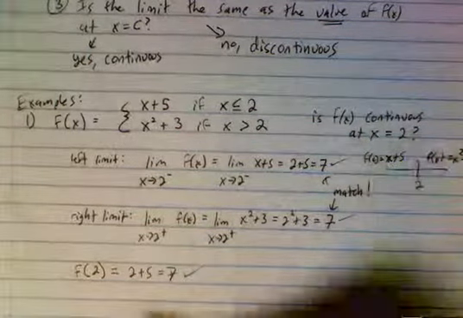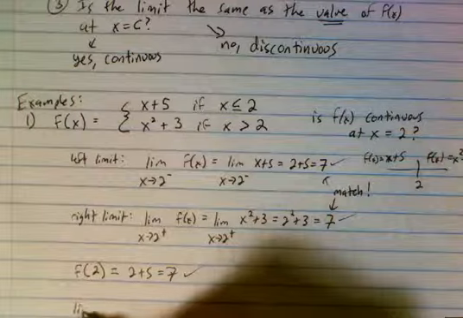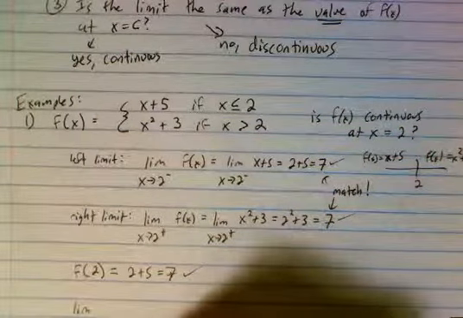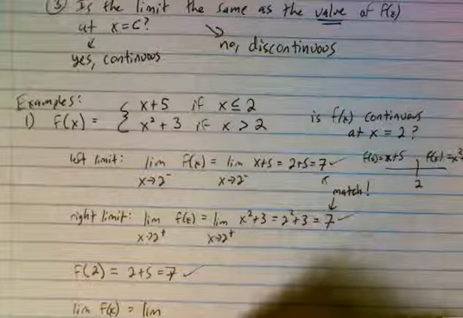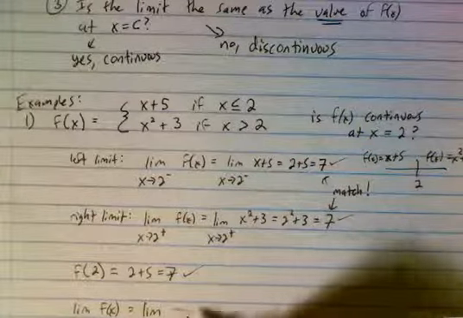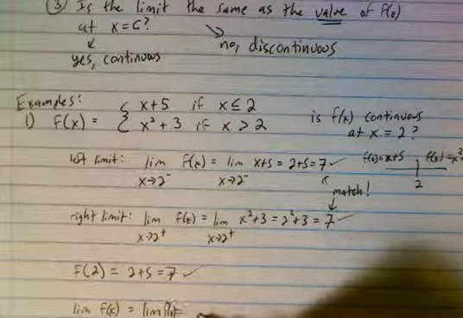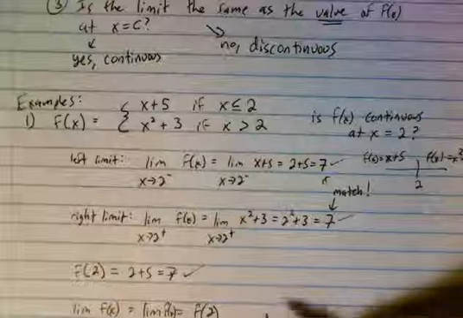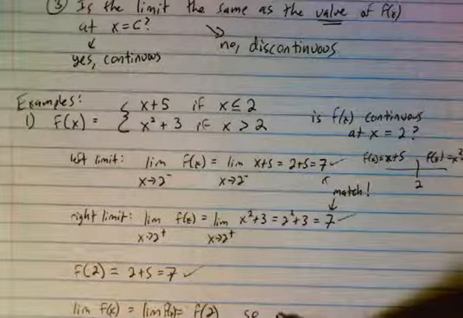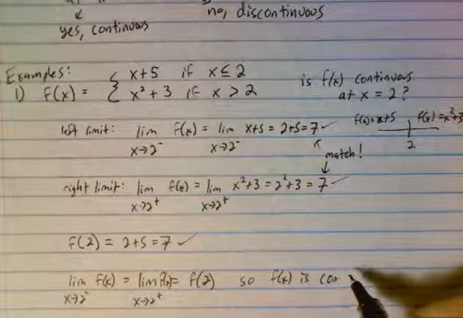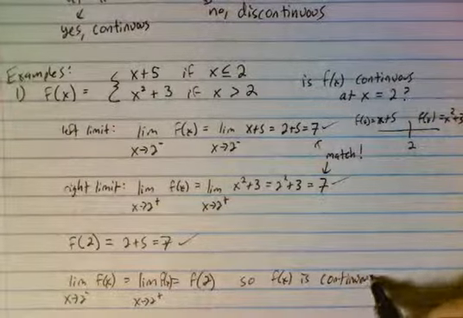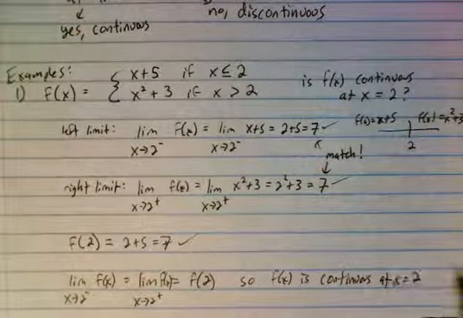They all match. So that means that the limit as x approaches 2 from the left equals the limit as x approaches 2 from the right, and that equals f of 2. So f of x is continuous at x equals 2.